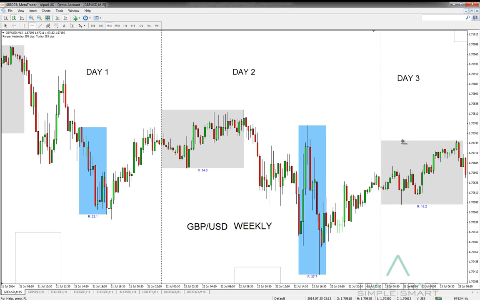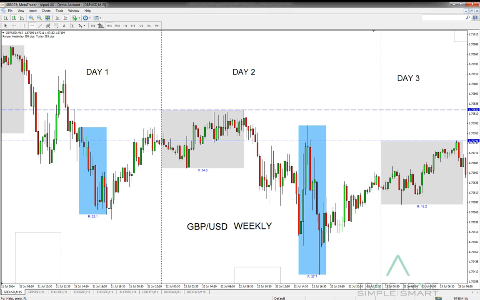So the high of the Japanese session will be our first level of accumulation, and then we have a higher level of resistance, which is the previous day's Japanese high, and then we also have another level of resistance just above this level.